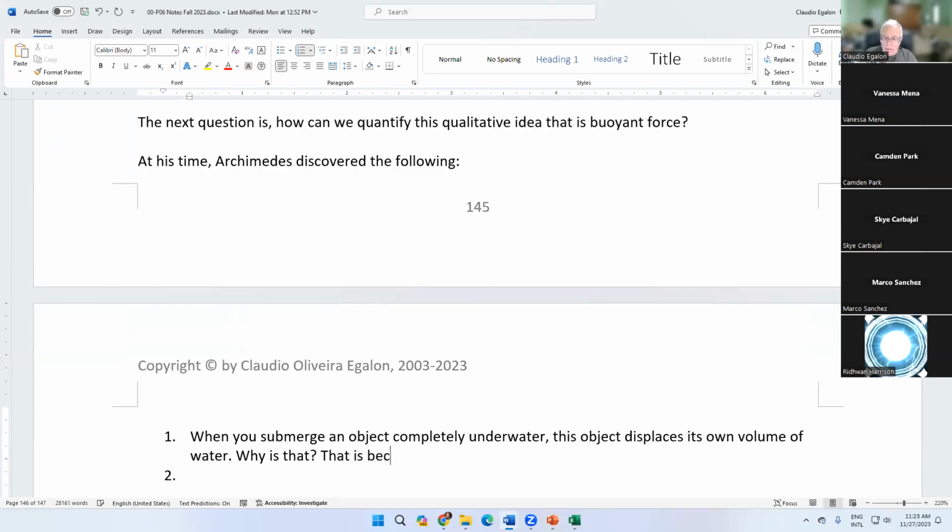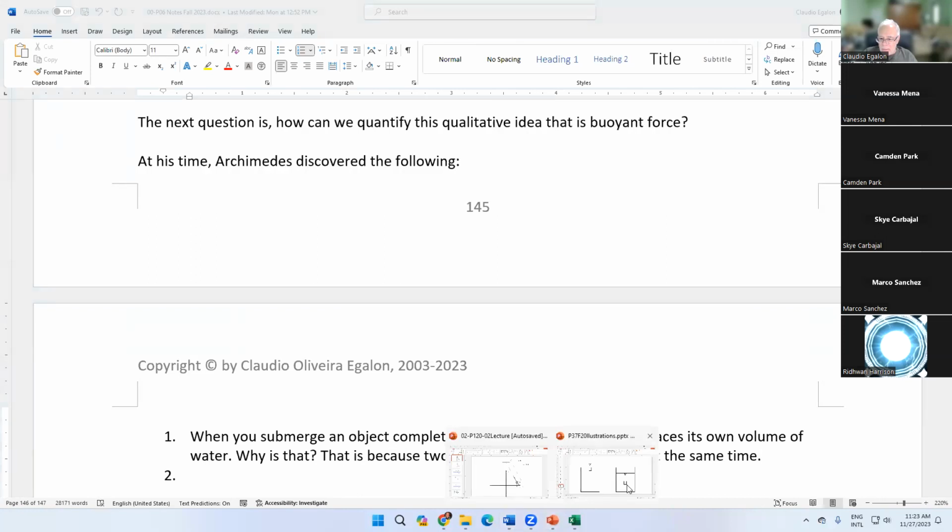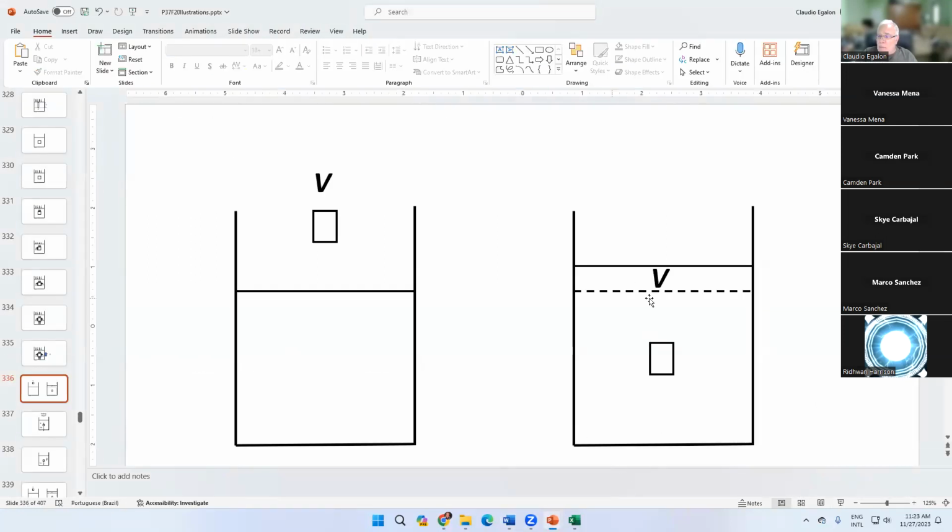That is because two objects cannot be collocated at the same time, right? So here you go, I'm going to illustrate that right in here. See here? This water displaces upwards because this water here cannot be collocated with this object.